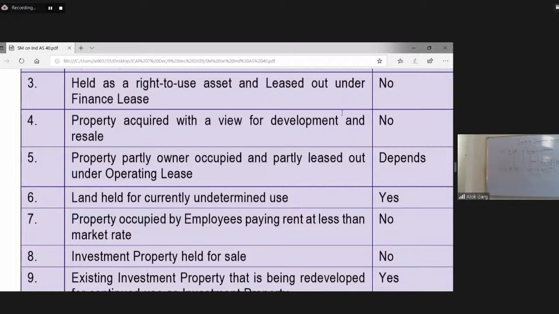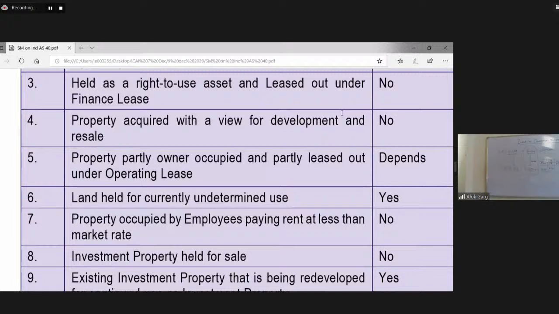Okay. So in many companies, you have seen that in case of ONGC, generally in case of public sector undertakings, they are providing the flats or the houses to their employees at a concessional rent. So in that case, it is related to the business and hence it will be shown as property, plant and equipment. It is not shown as an investment property because their objective is not to earn rental from the employees.